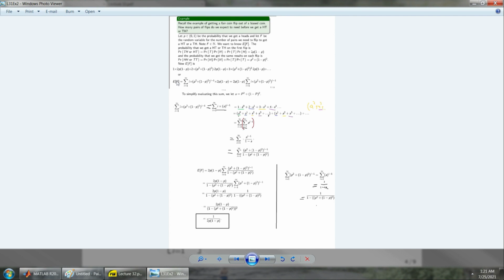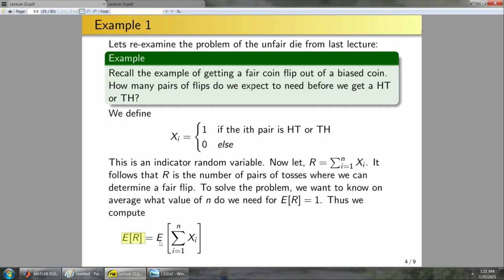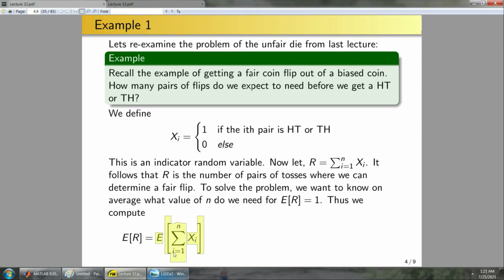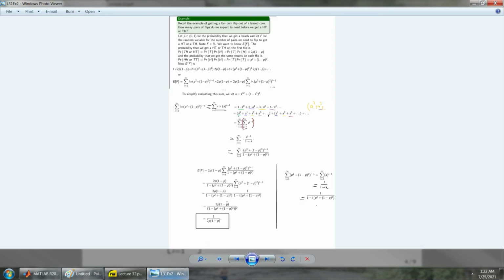So this was the expected number of pairs of flips that I need to get a heads tails or a tails heads. So this expression here is the same thing, just written completely differently as this expression here, E[F], or this sum here. It's just written in a much more convenient form, since these X_i's are now random variables that are doing all this heavy lifting of computing these various probabilities here.